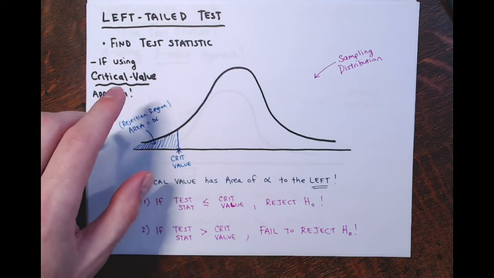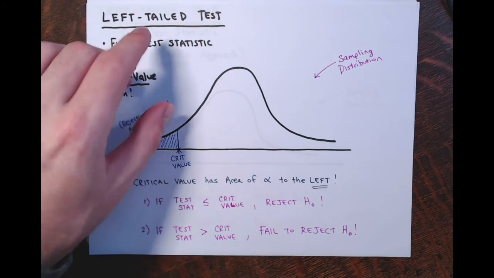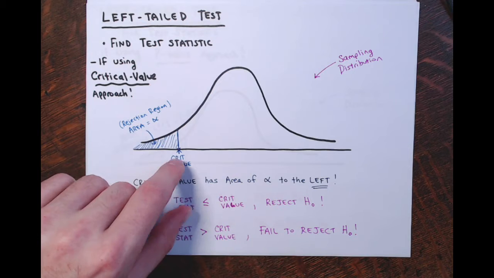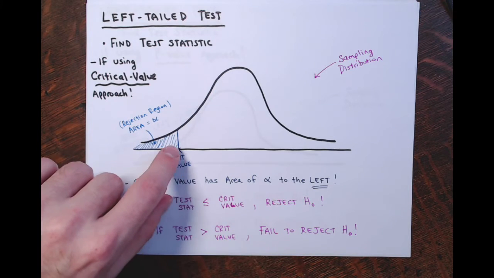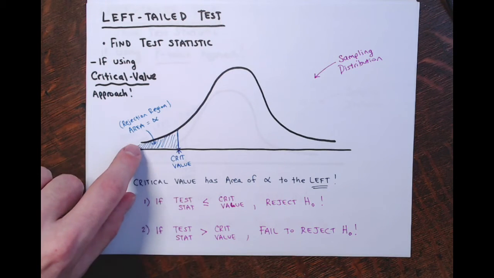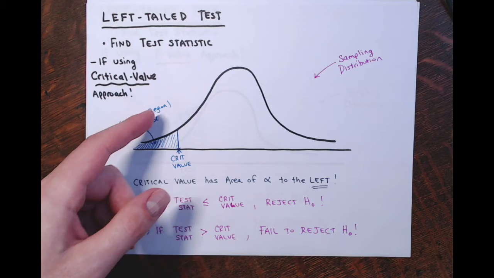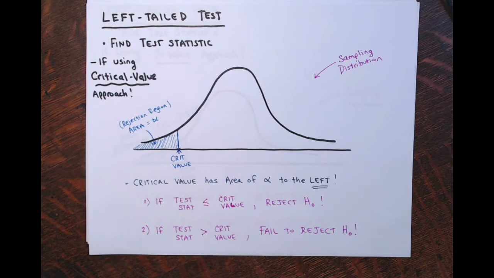You're going to find a critical value. Now, for a left-tailed test, the critical value is the value on the number line that has an area to the left of it of alpha, the significance level. Like I mentioned earlier, the area of this rejection region is alpha, that significance level.